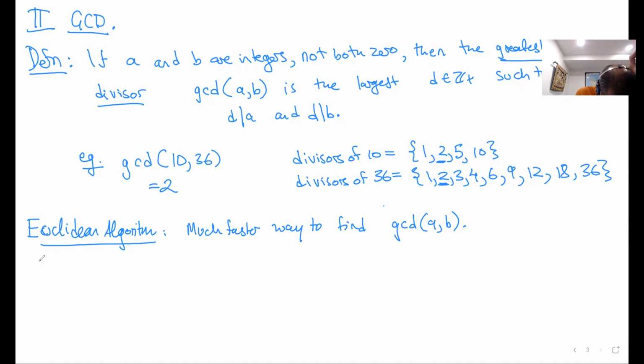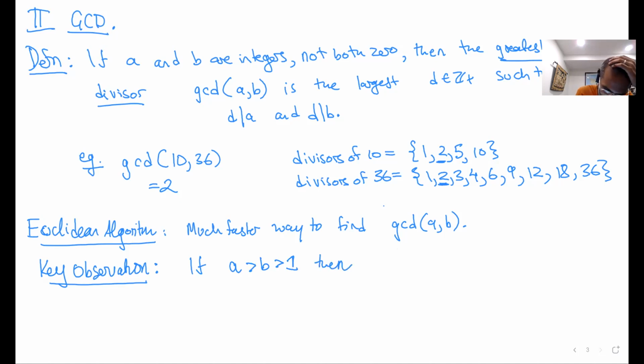Okay, so the key observation is the following: if you have two integers, a greater than b and b greater than 1, and you divide a by b using the division algorithm, a is equal to bq plus r, for r between 0 and b, r strictly smaller than b.